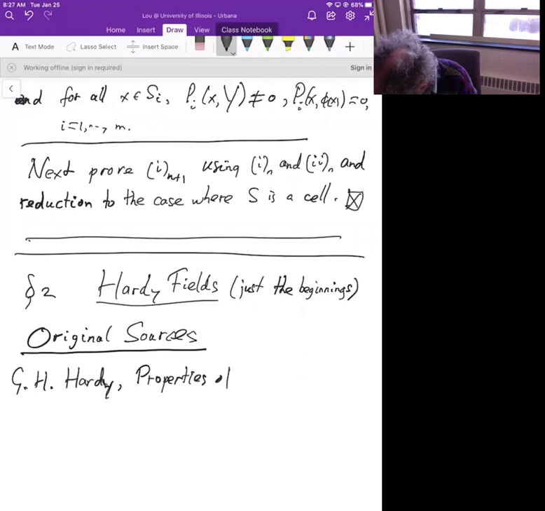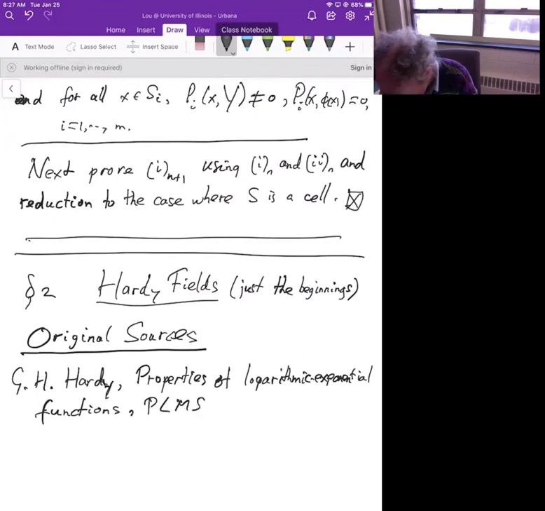Properties of logarithmico-exponential functions. Proceedings of the London Math Society in 1911, 54 to 90.